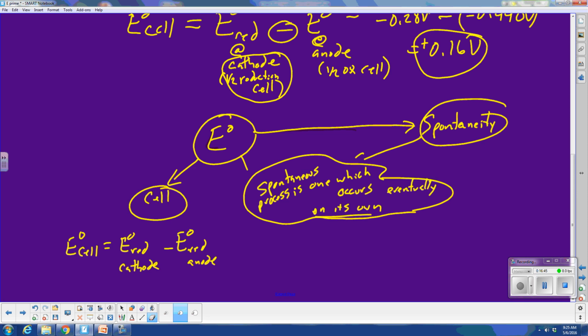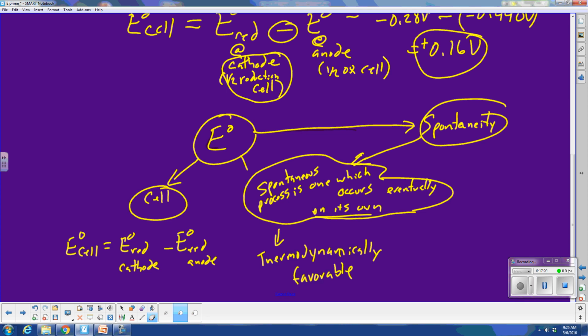It does not have anything to do with how fast, but given enough time, a million years, will this happen? The answer is yes, then it is spontaneous. Another term we use for this, we say it is thermodynamically favorable. A spontaneous reaction is one that is thermodynamically favorable.